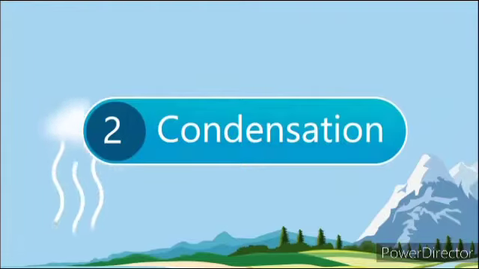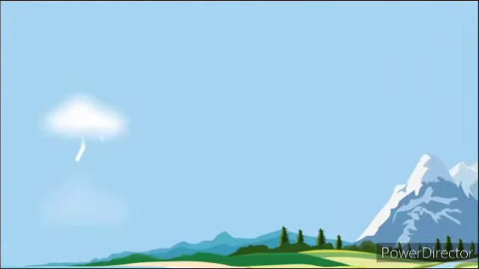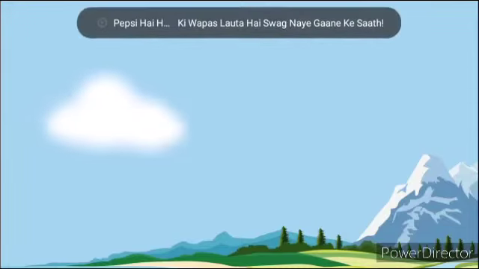Runoff. As the water falls down in whatever form, it leads to runoff. As water runs over the ground, it displaces the topsoil with it, and water runs over the surface of earth.